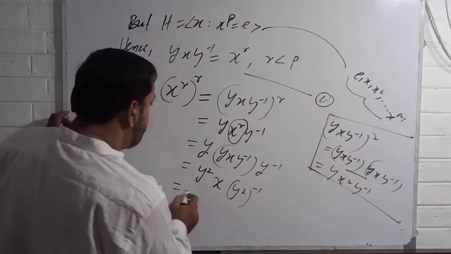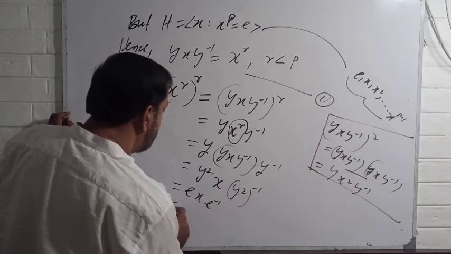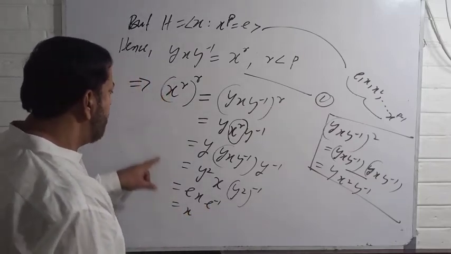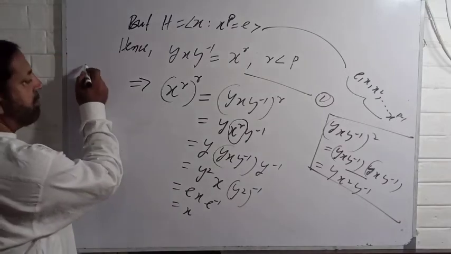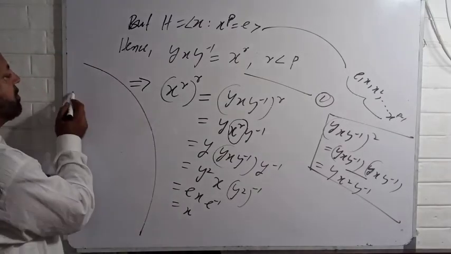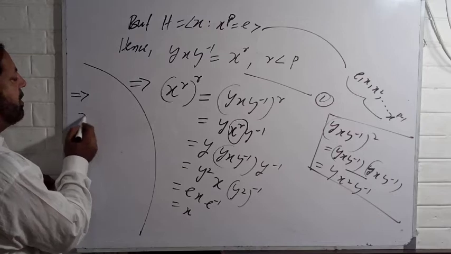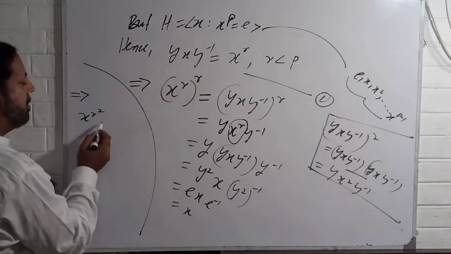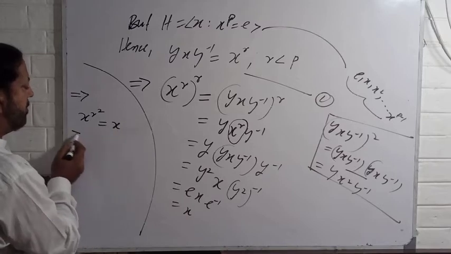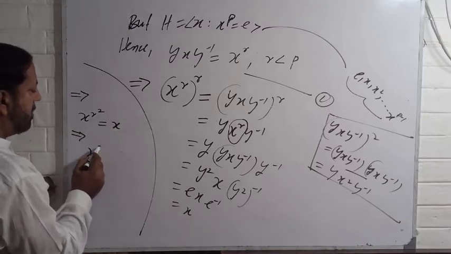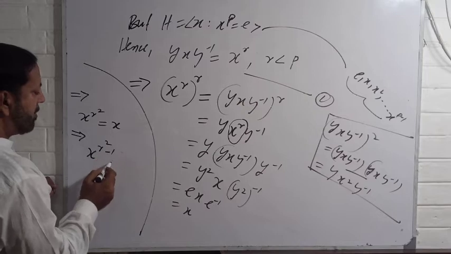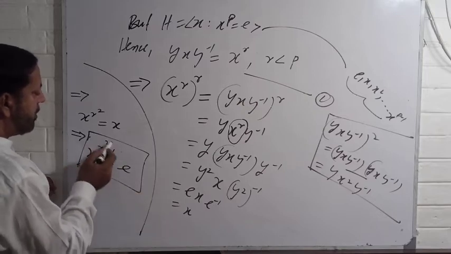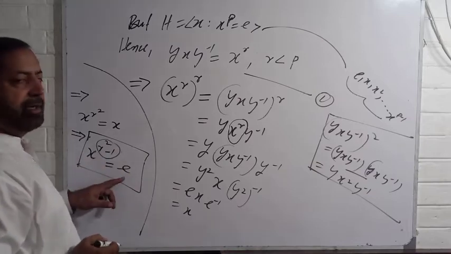So this is equal to e x e inverse, which is x, right? So what does it mean? This means that you have established x power r square is equal to x. This implies x power r square minus 1 is equal to e. So this is the power which is leaving identity.